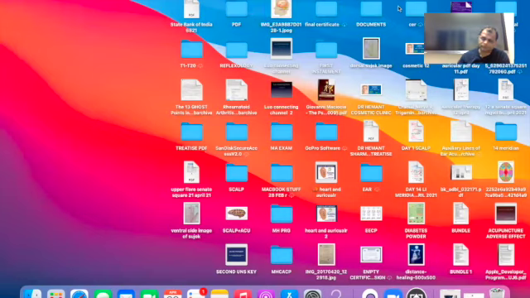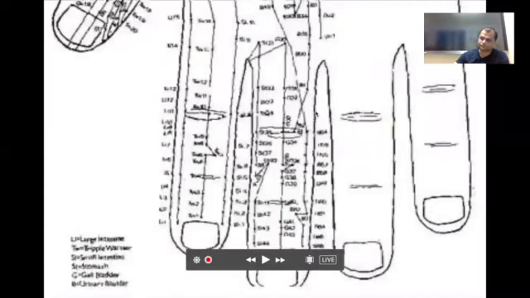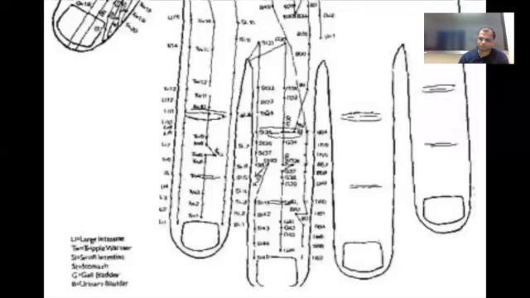So you can see this image. In the index finger, this is the LI meridian, and the first point is LI1.